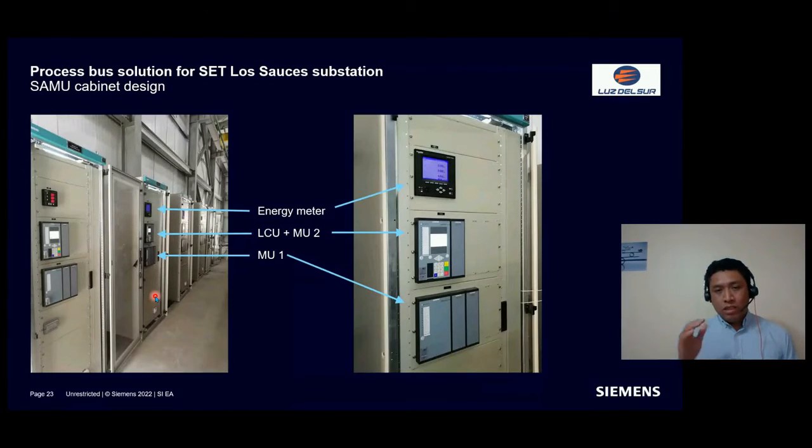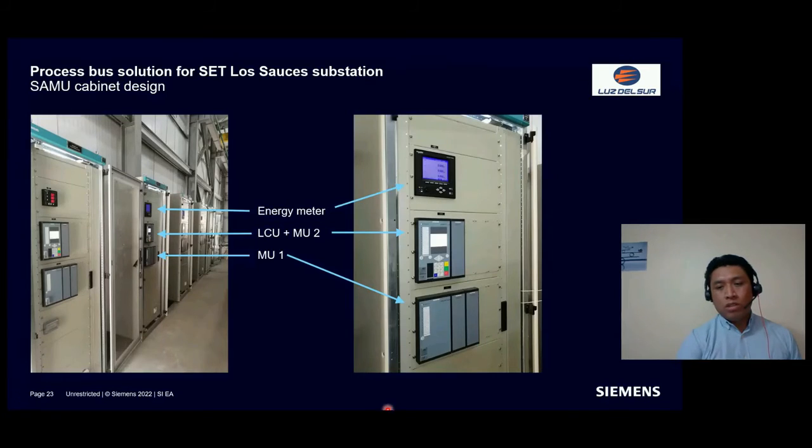As you can see, the merging unit at the upper side is the main merging unit, which has a local control function as a backup in case of failure of the protection relays. The cabinet also has a second merging unit which collects the information and sends it to the second protection relay.